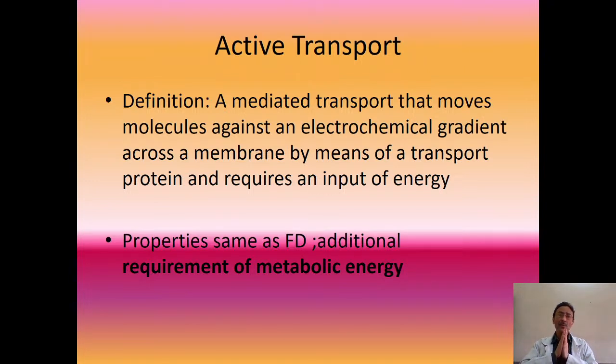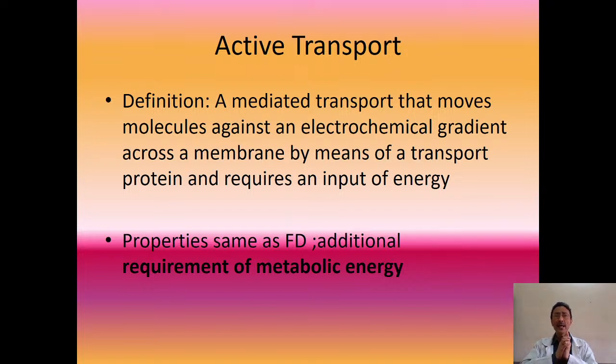Now active transport is a transport. If you break down the definition, transport means movement of substances across the membrane. Active transport means such movement of molecules which is occurring against the concentration gradient. So basically the definition of active transport is movement of substances against a concentration gradient which requires energy.